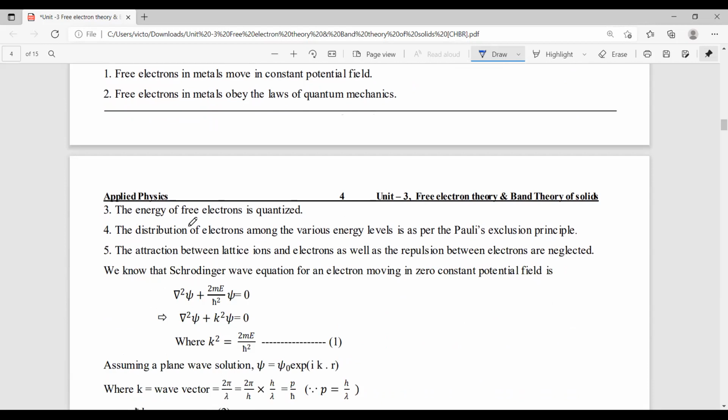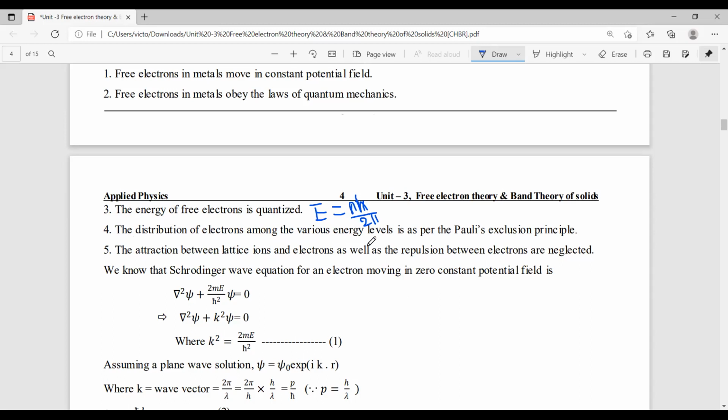And the energy of free electrons is quantized. Quantized is nothing but energy is expressed in terms of nh by 2 pi. By varying the values of n, we get different energy levels.